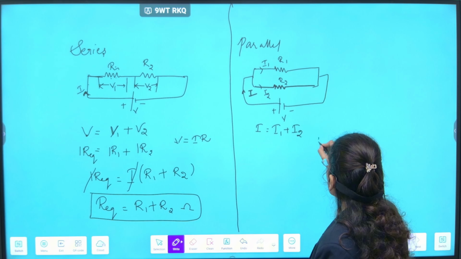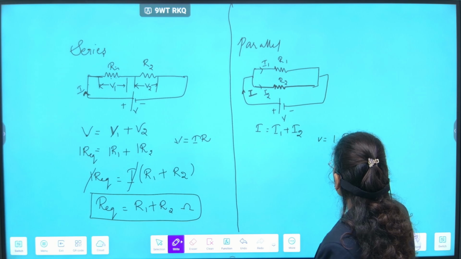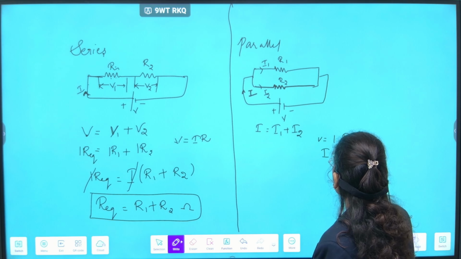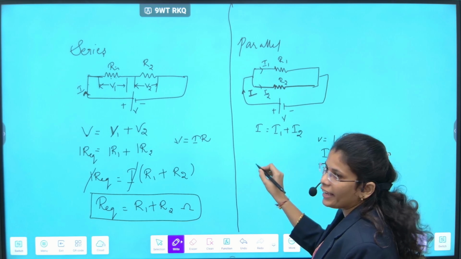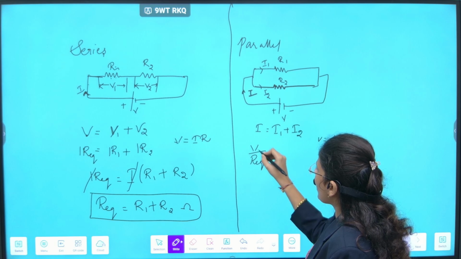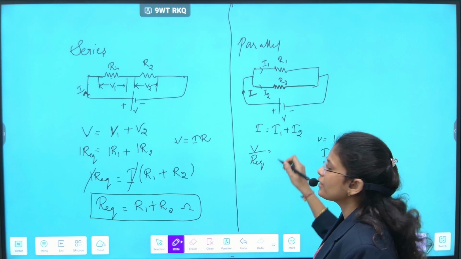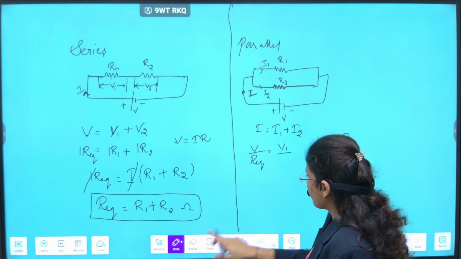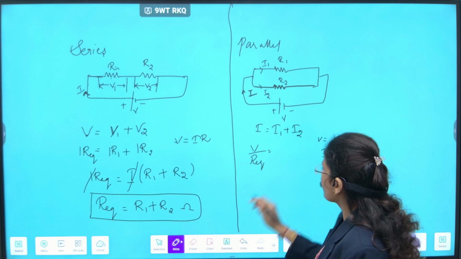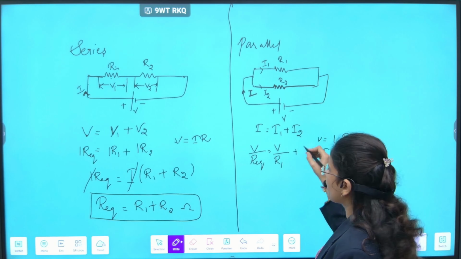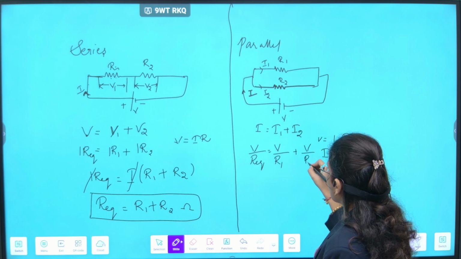From Ohm's law, V is equal to I into R, then I equals V by R. Now I is written as V by R equivalent, I1 is written as V by R1, and I2 is written as V by R2.